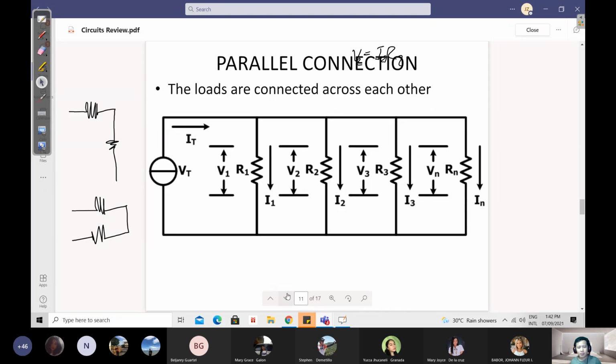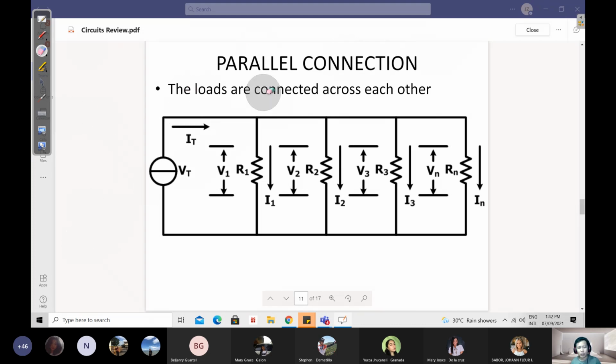Next, parallel connection. In a parallel connection, basically, the loads are connected across each other. Across means opposite each other.